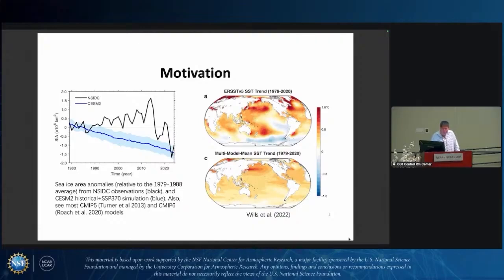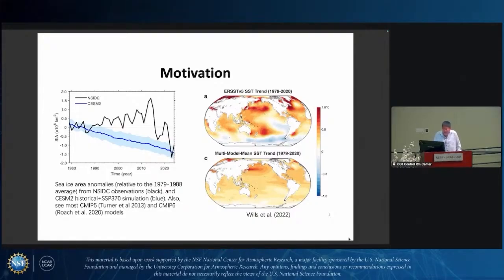So here I'm showing the CESM2 large ensemble simulation, shading for the intermember spread, and the blue curve shows the member average. So you will see a very robust Antarctic sea ice decline. And this is not alone, and this sea ice decline can be seen in most CMIP5 and CMIP6 models.